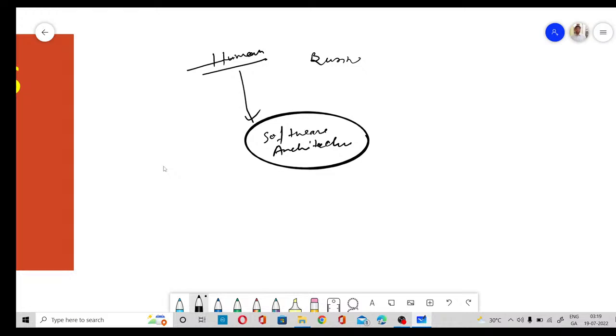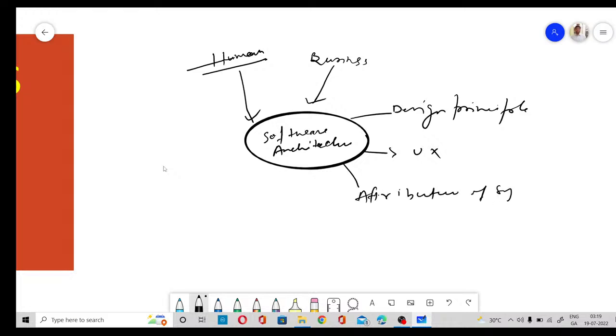Then it requires some sort of design principles, right? Then some sort of UX, right? Then some attribution of systems, right?